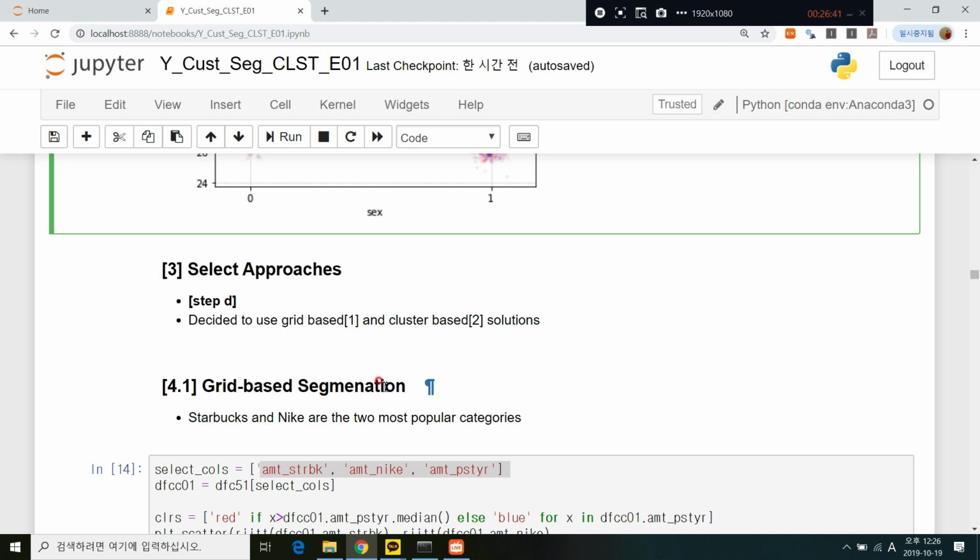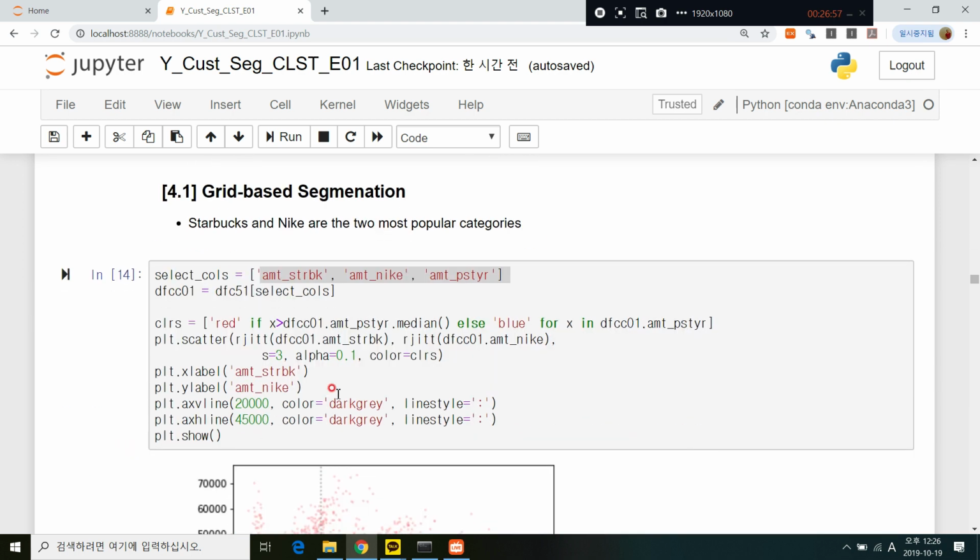Let's get into the segmentation stage. This is probably the core step, and most of you are interested in this step. Okay, let's just assume that, because they are the most popular among the three, actually, Starbucks was the number one, the most frequently used.